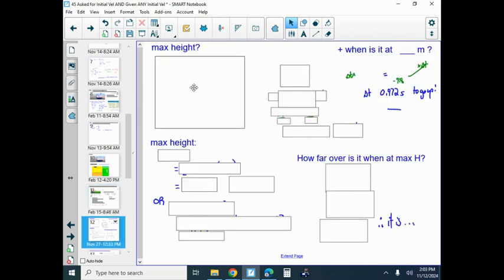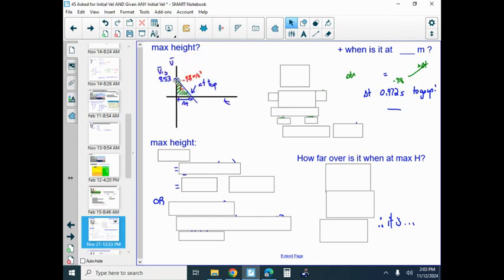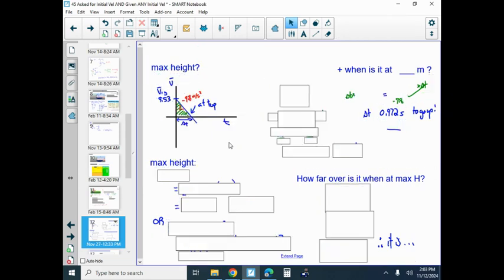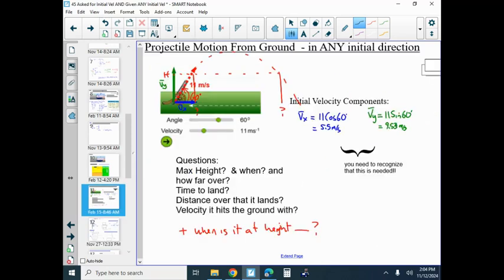So let's get at it here. Maximum height. If you're looking at the initial velocity vertically like this, I think what I should start with, just to be more clear, is we need to recognize that the vertical stuff is all that matters, right? So we've got v1y equals whatever the number was, 9.53.